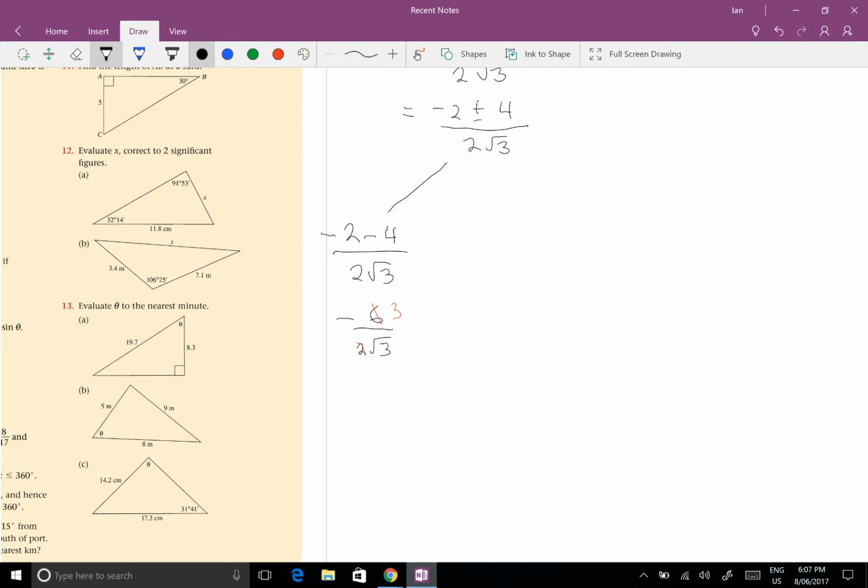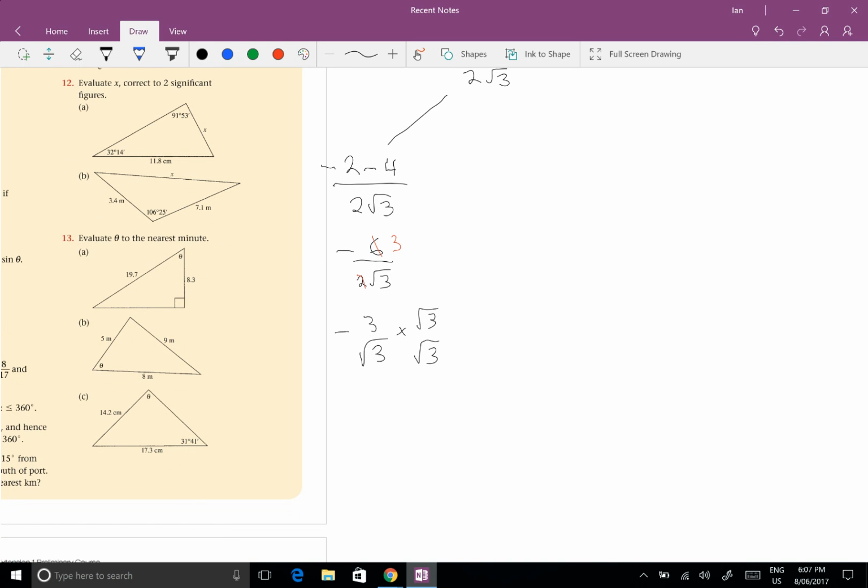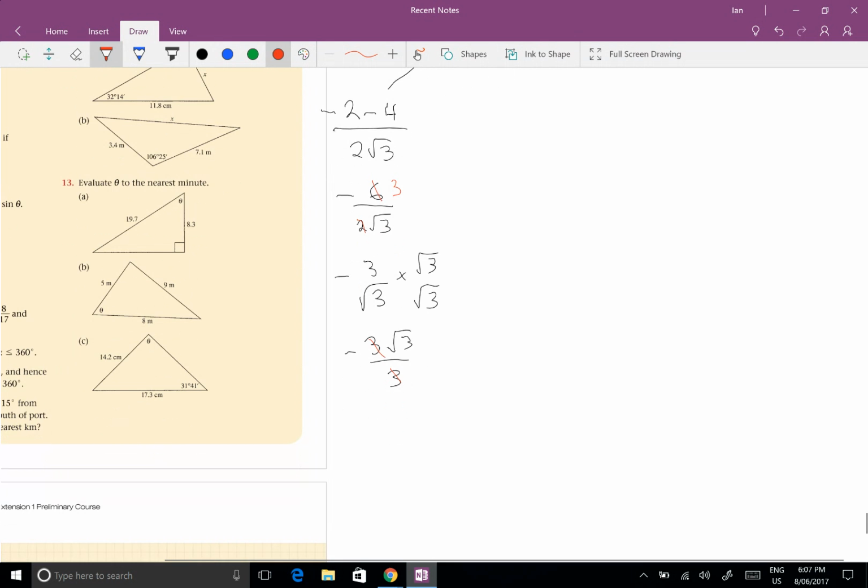So I get negative 3 on root 3. Let's times by root 3 on root 3 to get rid of the surd underneath. And that'll give me negative 3 root 3 on 3. Oh, look at this. Beautiful. The 3's cancel. So t equals negative root 3.